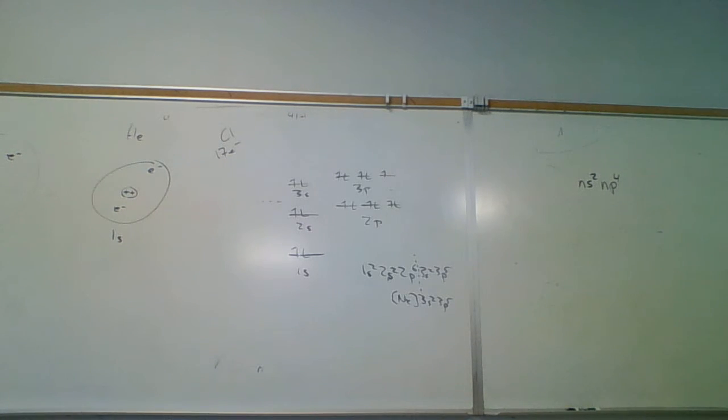Sulfur is smaller than phosphorus because it has 16 protons versus 15 protons. So we have more positive charge, which is going to pull in the electron. However, you might go and throw the same argument. Arsenic has 33 protons, so shouldn't 33 protons be a lot smaller than 16?